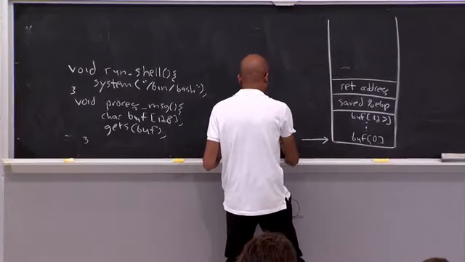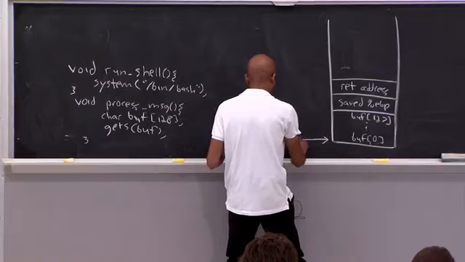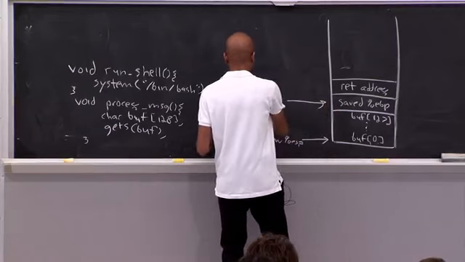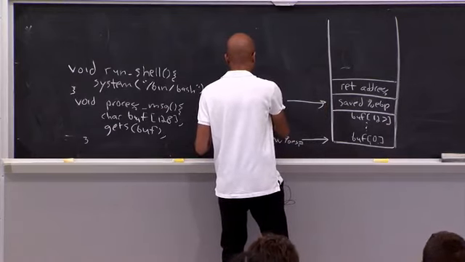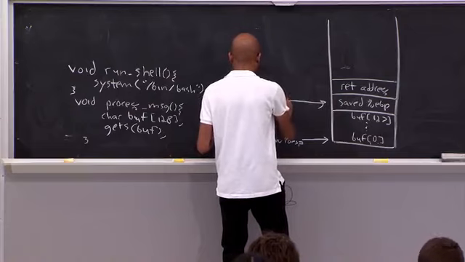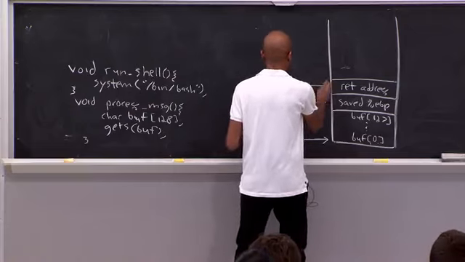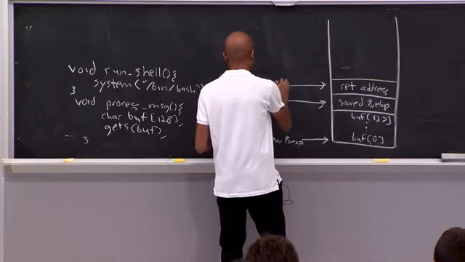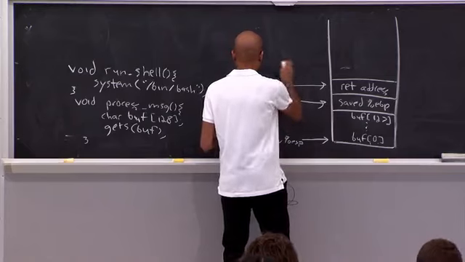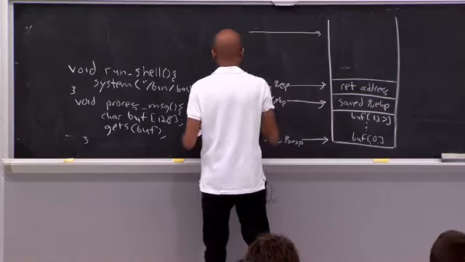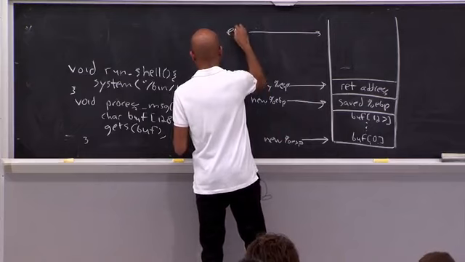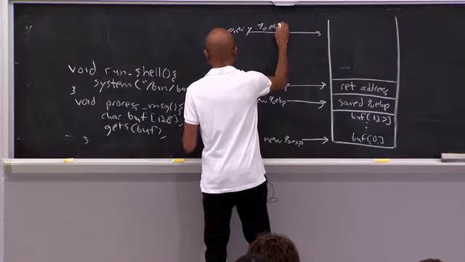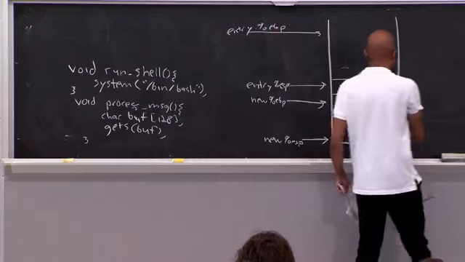And remember that the new stack pointer will be here initially when we start executing the function. This is the new base pointer. This is what the stack pointer used to be. And then we've got some base pointer up here for the previous frame. OK, so this should look pretty familiar.